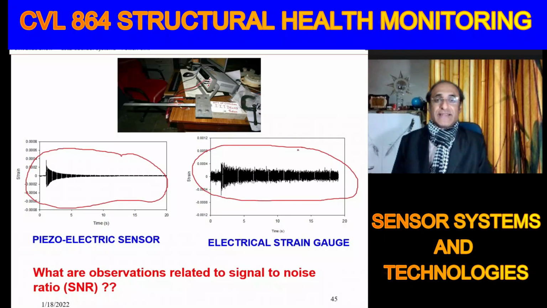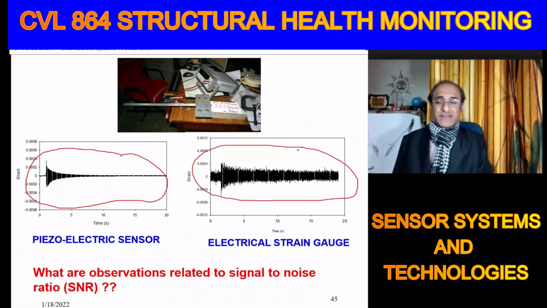See, damping is a material property. It is basically the damping of the aluminium bar, so it will be there irrespective of the sensor. But it is not visible to that extent in the electrical strain gauge, whereas in the case of the piezo sensor, it's very evident.